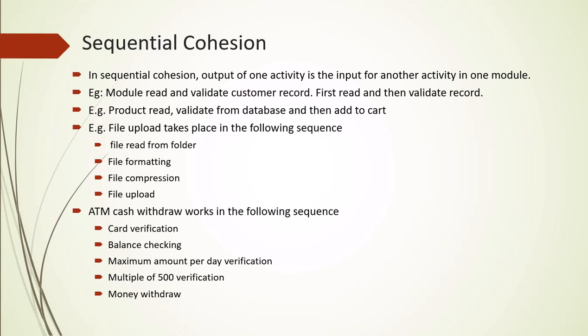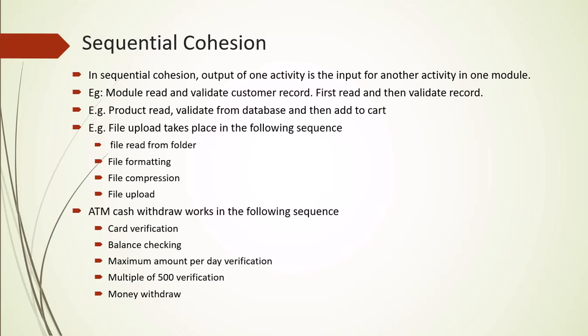If you have sufficient balance in your account, then your transaction can be successful. Then if the balance is sufficient for withdrawal, comes the maximum amount per day verification. If you have entered an amount greater than the maximum amount you can withdraw per day, it will be verified first, and then it will check whether the entered amount is a multiple of 500 or not. Then you can withdraw the money.